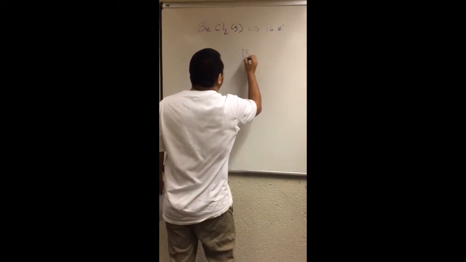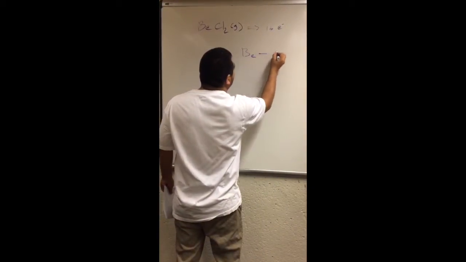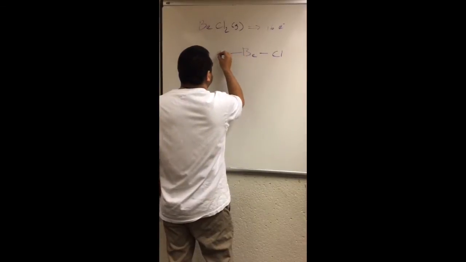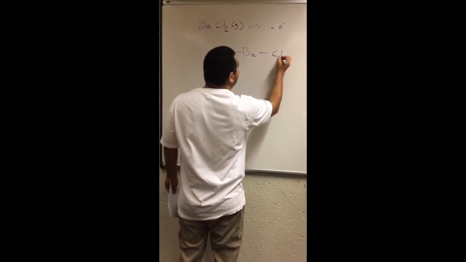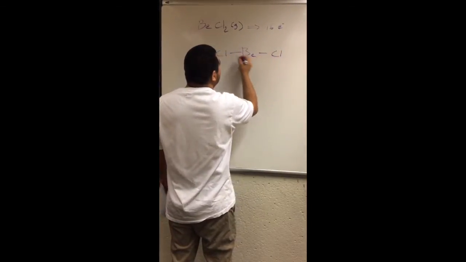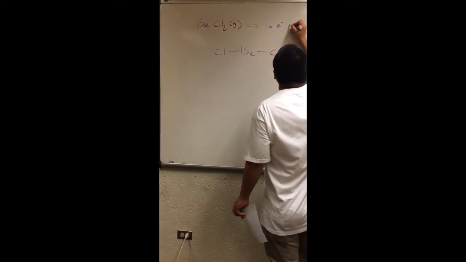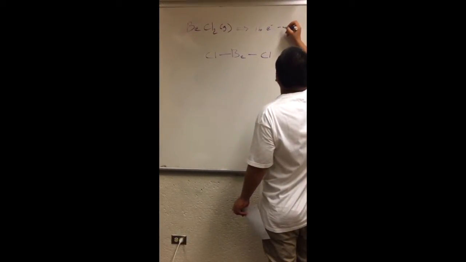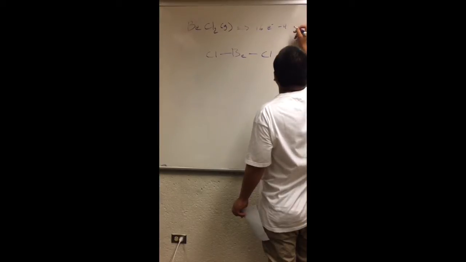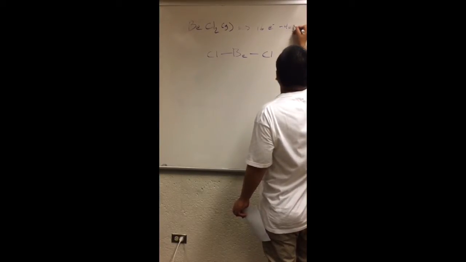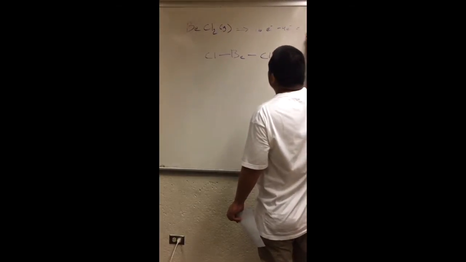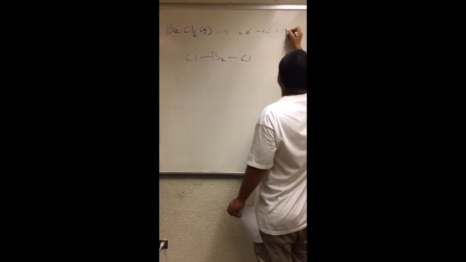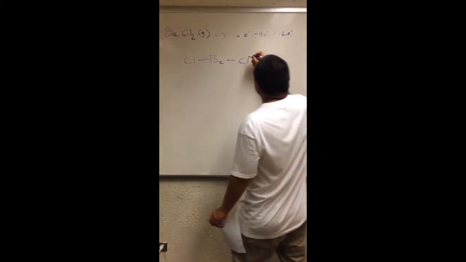We put beryllium in the center and 2 chlorides on the outside, and we see that it requires 4 electrons, and we're left with 12 electrons.